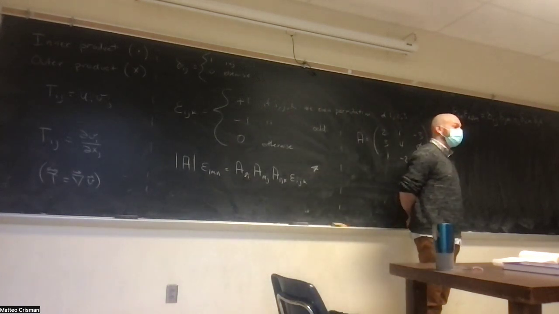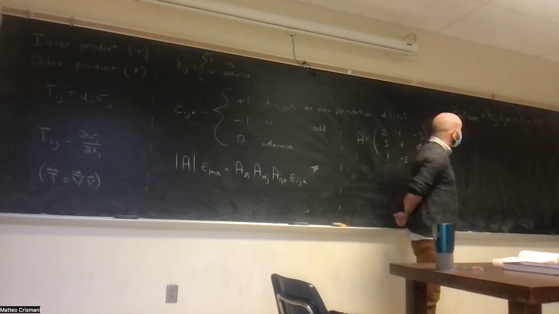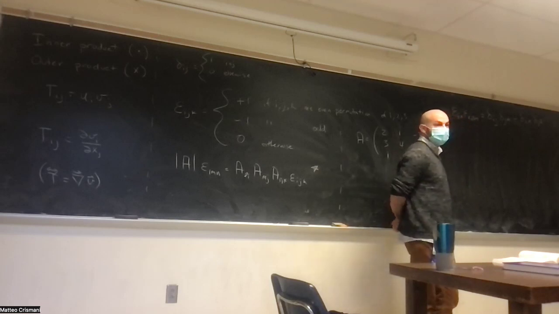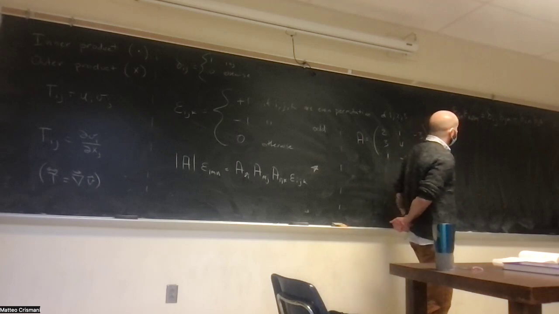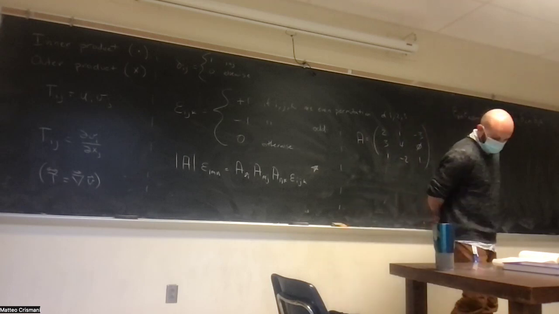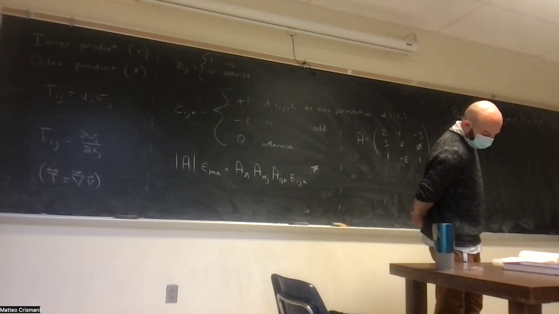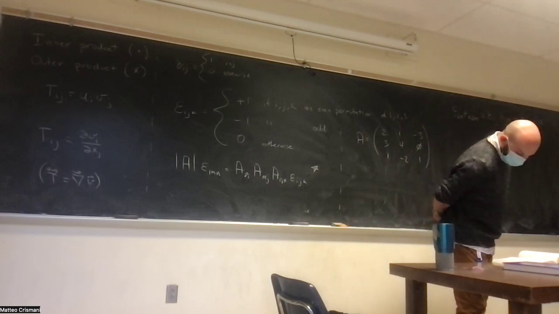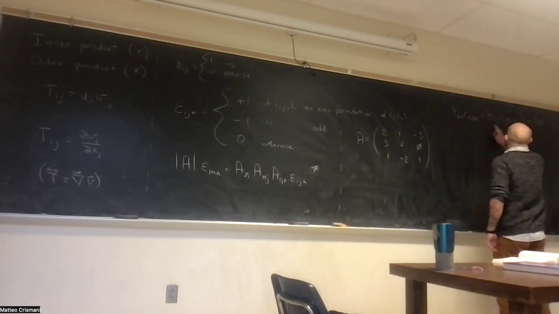K is the only dummy, and there are 4 free. So let's look on the right-hand side. What do we have? Oh, I wrote it wrong. That's why.